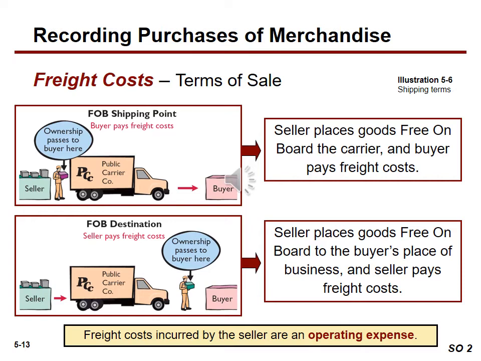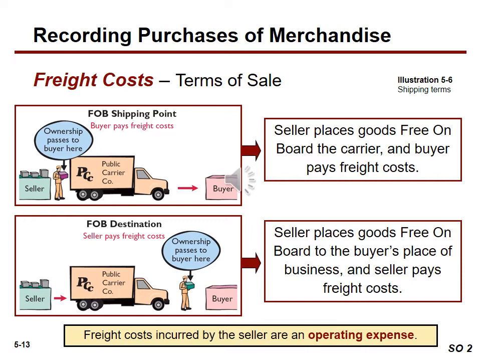In this case, the ownership passes to the buyer at the seller's location. So by the time the seller hands the goods over to the entity that is going to ship or deliver those products, this is when the ownership passes to the buyer. This is in the case of FOB shipping point.